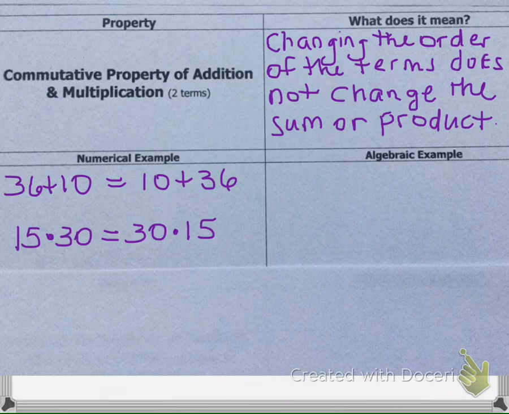Algebraically, if I added a plus b, that would be the same thing as b plus a. And for multiplication, a times b, when you have two variables next to each other, that means multiplication. So a times b is the same thing as b times a. And that's your commutative property of addition and multiplication.